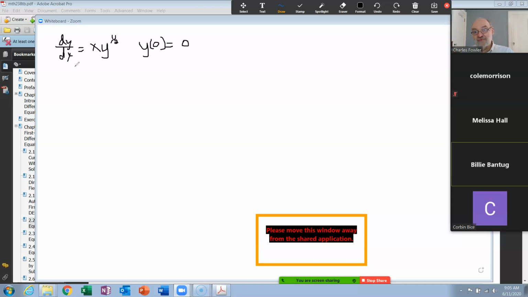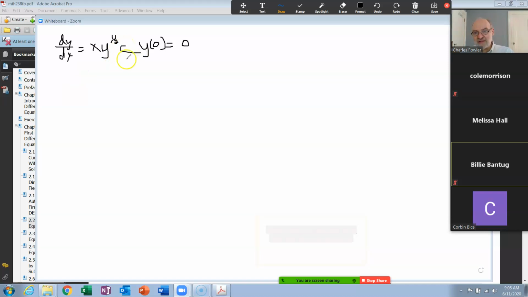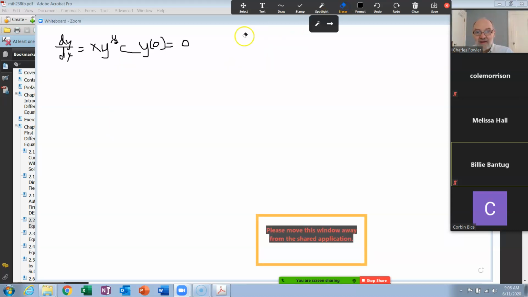Separation of variables. Okay, so what we want to do is get all the y's over here with the dy, and the dx over here in differential form. This whiteboard sort of has a mind of its own.